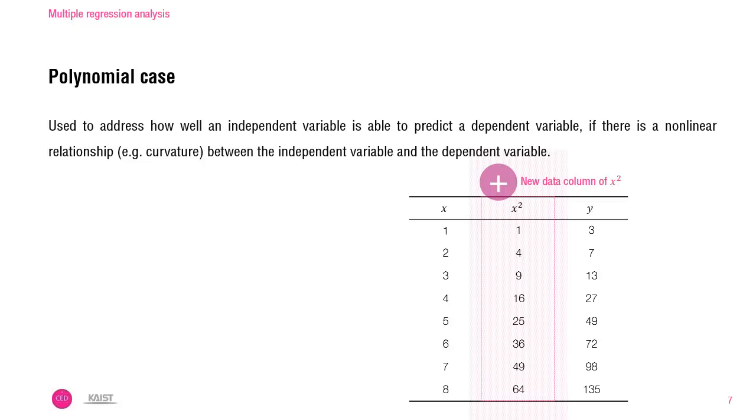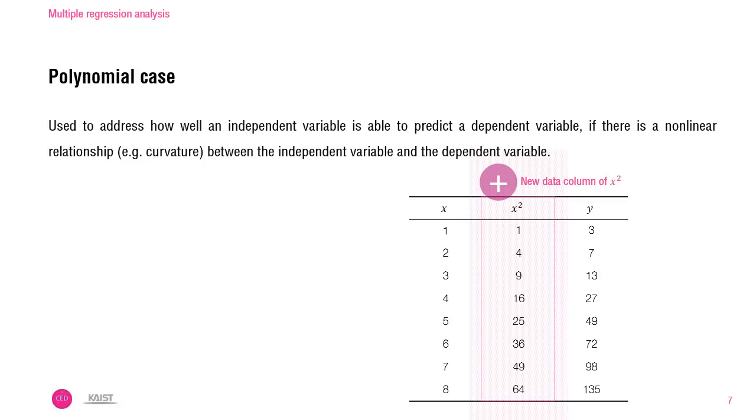Because we already assume that the curve will have a form like y equals ax to the power of 2, so x squared, plus bx plus a constant. Therefore, we can create a new variable by adding a new column. It is called polynomial regression analysis.